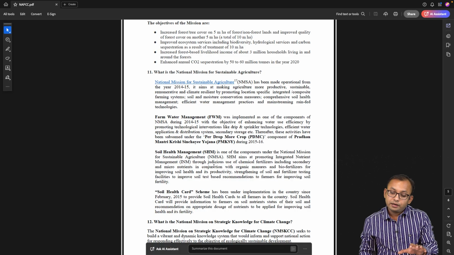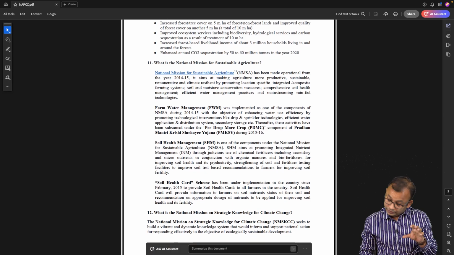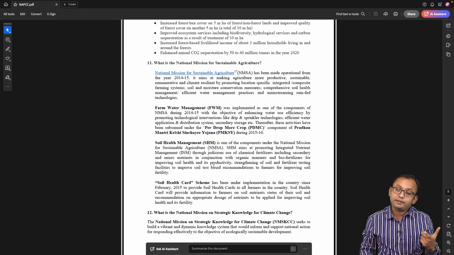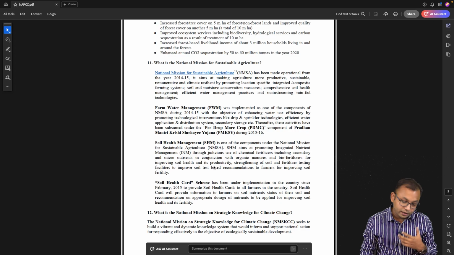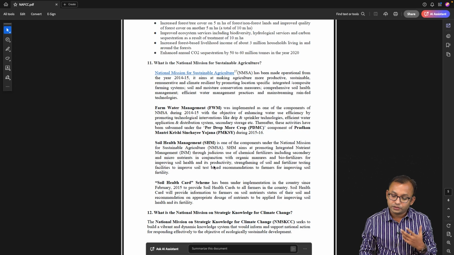Then another important point is soil health management, because we are seeing that soil erosion and other factors are significantly degrading soil health across India.